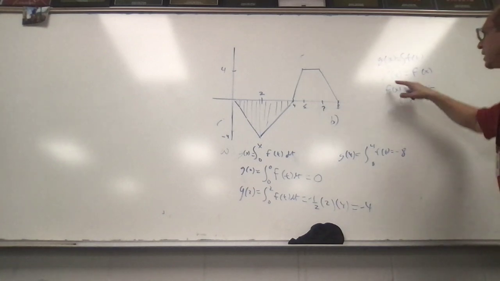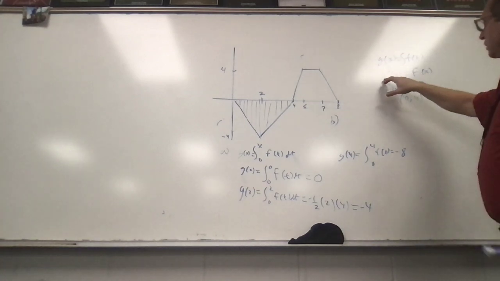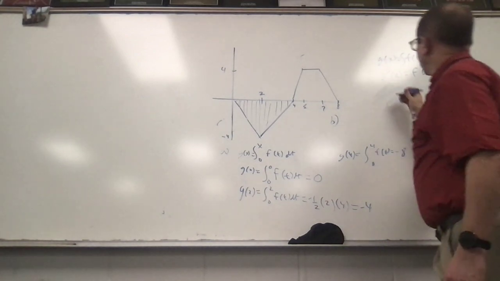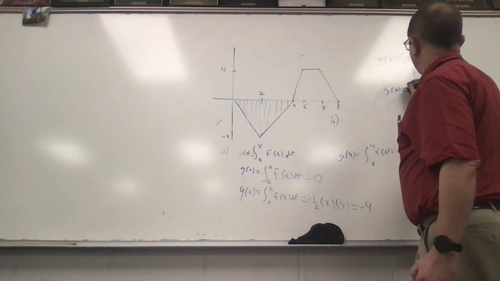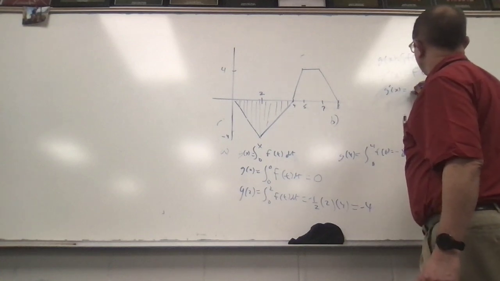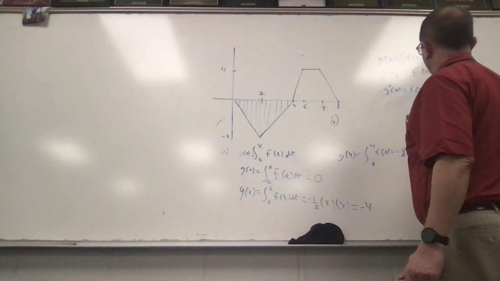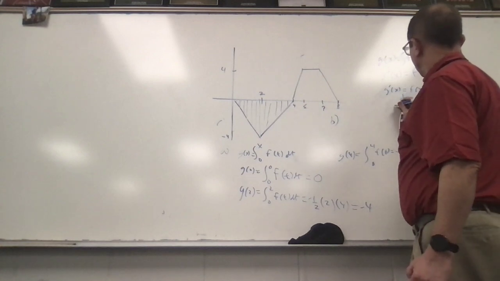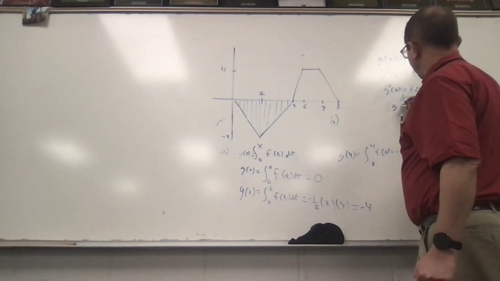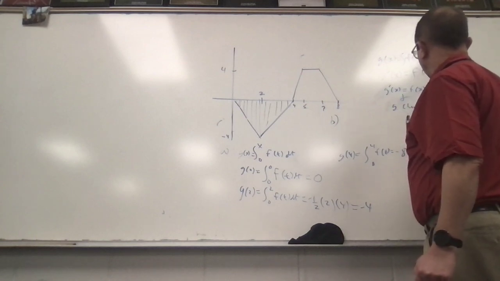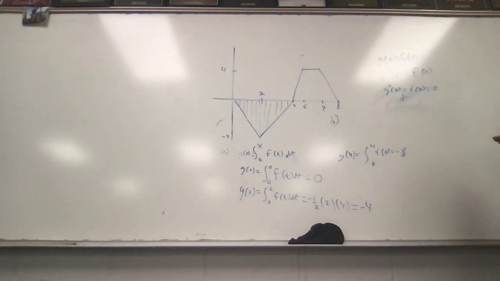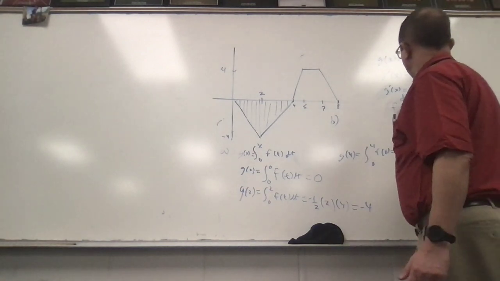Now, in this case, the extrema are going to exist where g prime of x equals f of x, which equals 0, and where f changes signs.